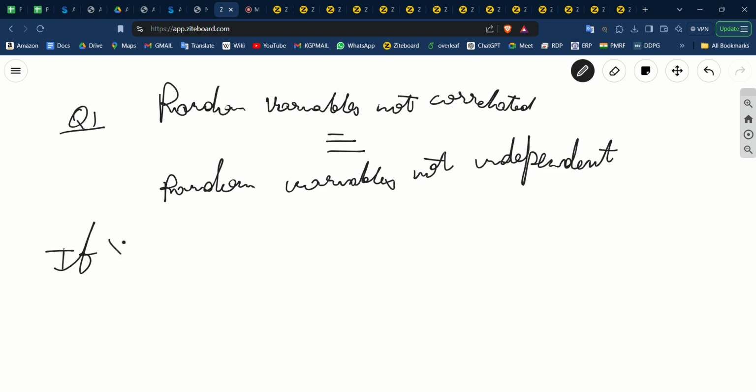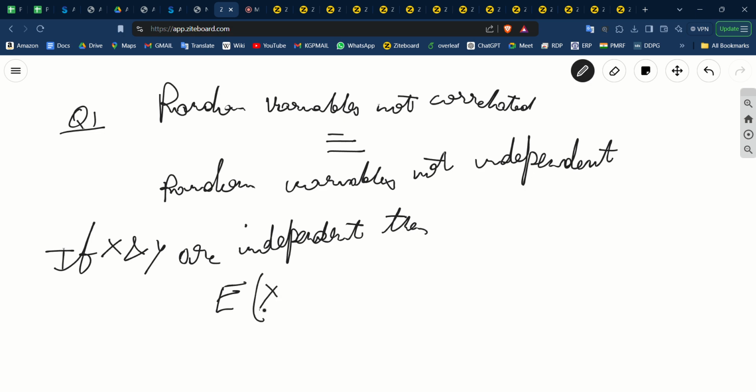If x and y are independent, then what is the definition of independence? That the occurrence of one of the random variables does not depend on the occurrence of the other. So the occurrence of x should not depend on the occurrence of y. So the expectation of x given y should be equal to the expectation of x.